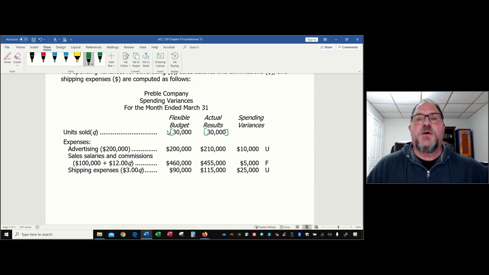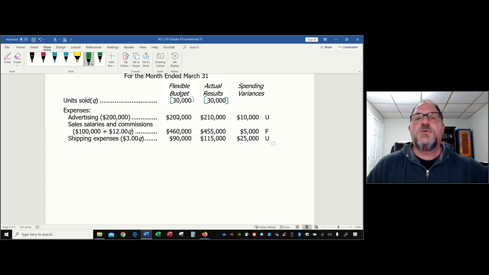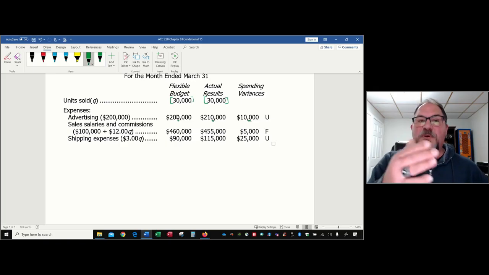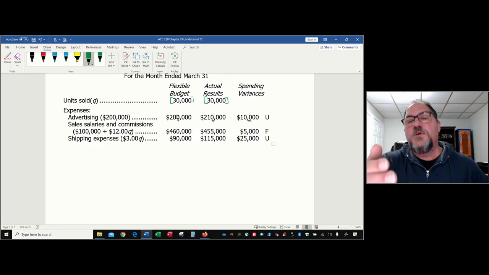Here's our flexible budget. And when we take those and put them all together, we'll notice that for advertising, we came up $10,000 unfavorable because we wound up spending $210,000 and we were supposed to be at $200,000. Now, for our salaries and commission, we were supposed to spend $460,000, but we only spent $455,000, so that's $5,000 favorable.